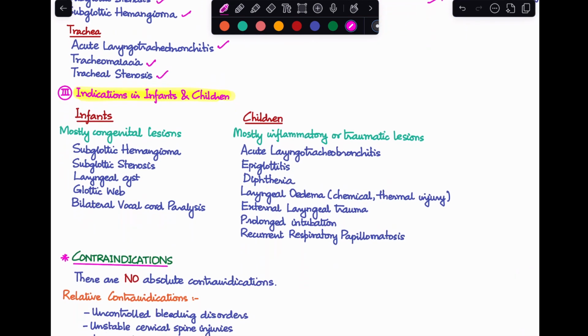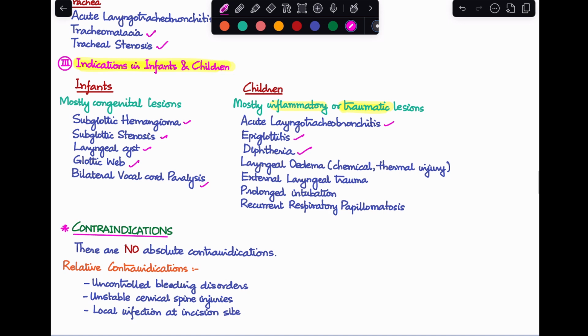Now, if we look at infants, most of the time the indications are because of congenital lesions. For example, it can be a subglottic hemangioma or a subglottic stenosis, laryngeal cyst, glottic web, and bilateral vocal cord paralysis. Whereas when we look at young children, the cause is usually an inflammatory cause or a traumatic cause. For example, we have acute laryngotracheobronchitis, epiglottitis, diphtheria, laryngeal edema, which can be because of chemical burns or thermal injury.